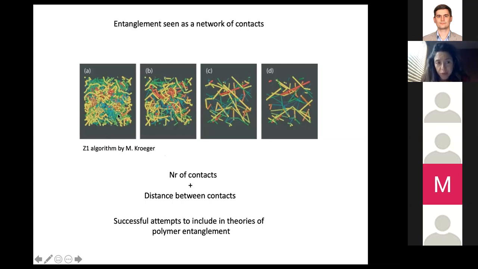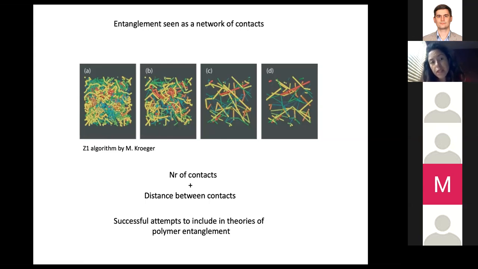They have created algorithms where, starting with this molecular simulation snapshot of a polymer melt, shown from a particular angle, it is actually a three-dimensional box, which is simulated with periodic boundary conditions. They start with a configuration like this, where it is not obvious what is entangled with what and how to measure entanglement.